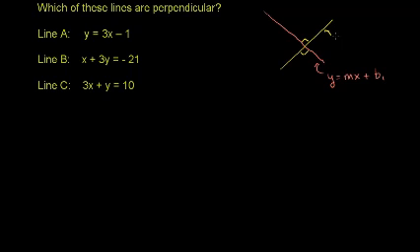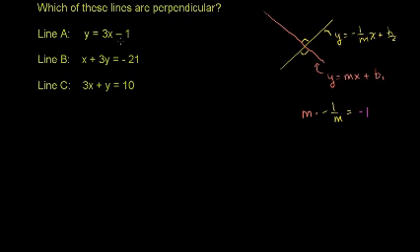It's going to be y is equal to negative 1 over m x plus some other y-intercept. Or another way to think about it is if two lines are perpendicular, the product of their slopes is going to be negative 1. m times negative 1 over m, these two cancel out, is equal to negative 1.